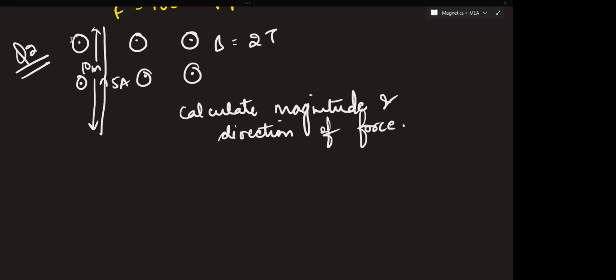Myra, this is correct, but you have to find out magnitude as well as direction. Direction also, specify, no?